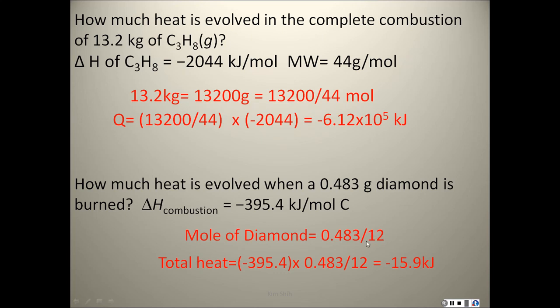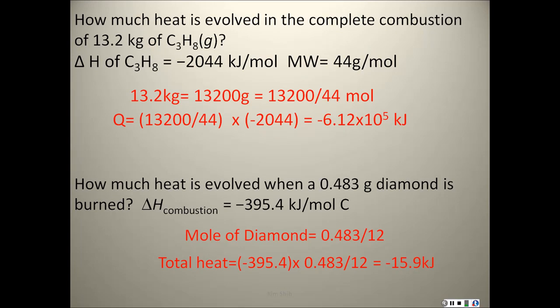This is a hugely rounded number. 12.011 is the molar mass of carbon. Carbon is what diamonds are based in, yeah? Total heat, Q, is equal to the delta H of combustion times the number of moles present, and it's a negative 15.9 kilojoules.